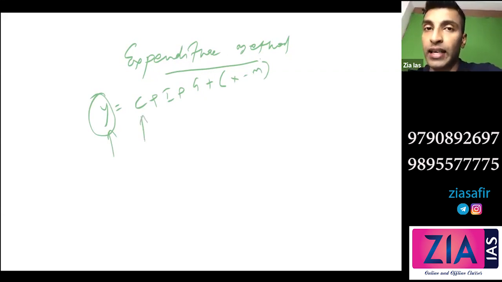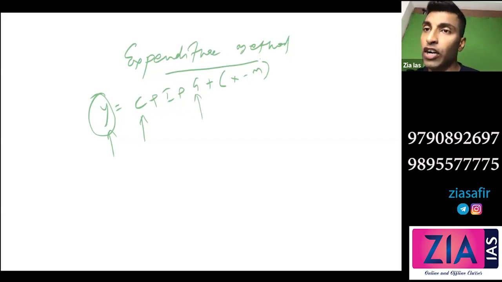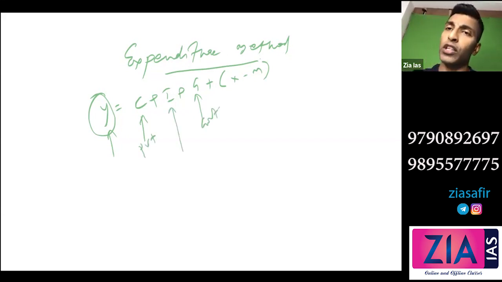You can simply write private sector expenditure. G is government expenditure. Private expenditure means all expenditures of all the people will come. Government expenditure means the expenditures of the government will come.